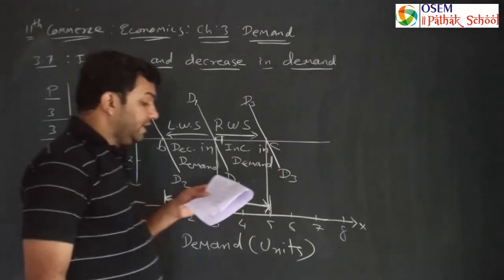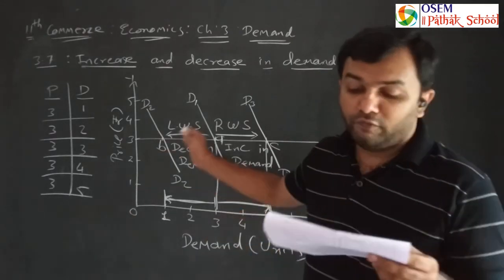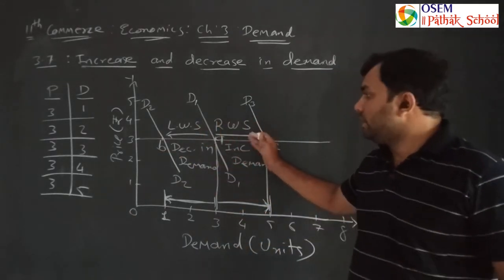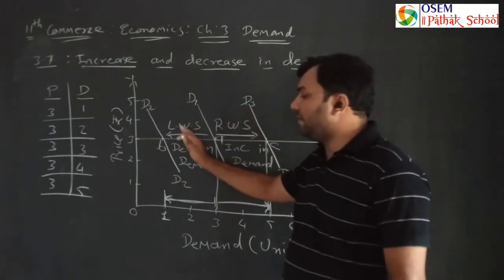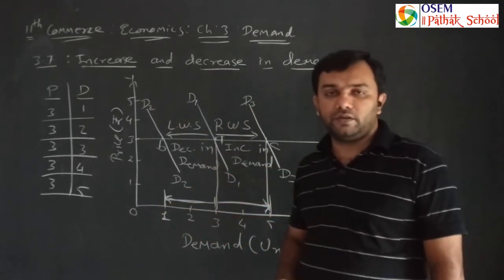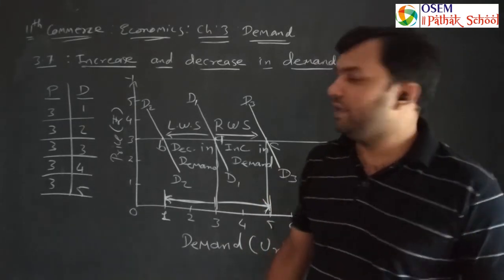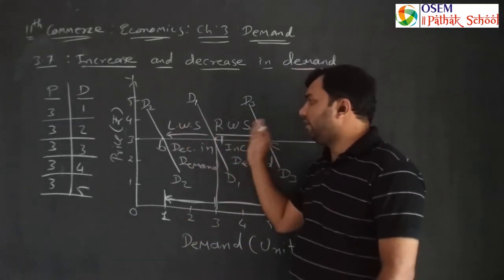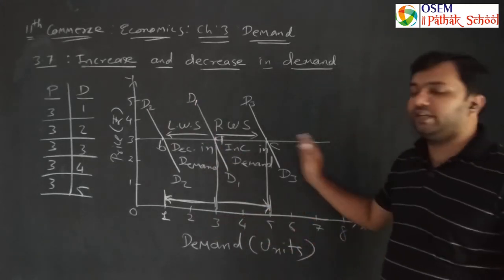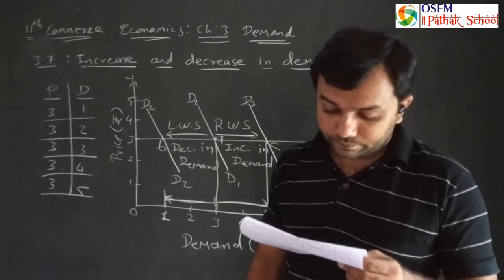Thus, increase or decrease in demand is seen from the map of more than one demand curve. If there is more than one demand curve in one graph, it is called a map of demand curves. You must underline the particular phrase, map of demand curves.